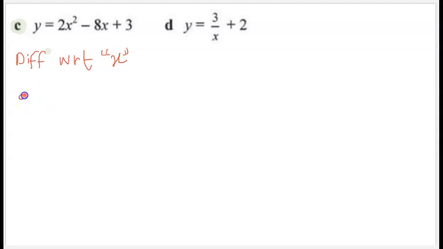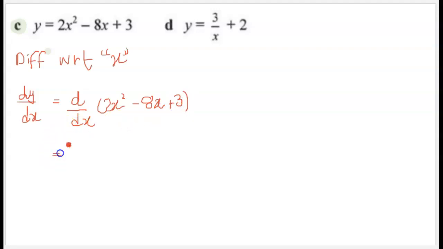When you differentiate, that will become dy over dx. And on this side, you will do d over dx of 2x squared minus 8x plus 3.